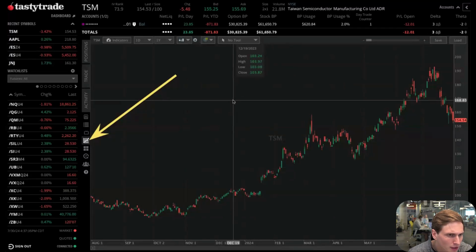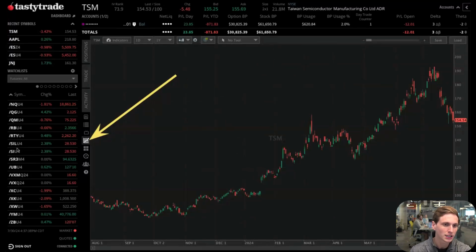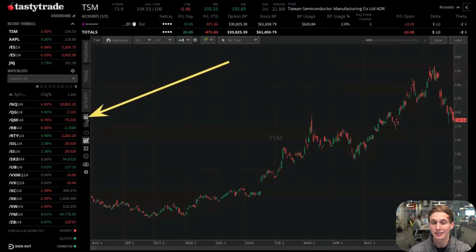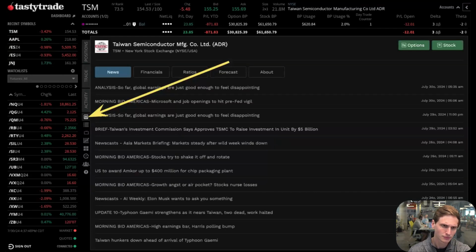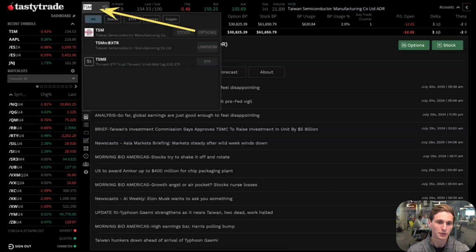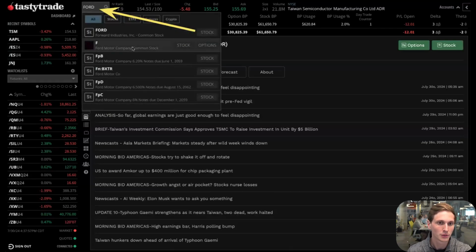And then is there an analyze tab for looking at stocks? Yep, or a company's profile. It's actually really nice. Our research tab, you go to the left side panel here and go to research and news. And then in here right now, our active symbol was TSM, but we could maybe search for, say, Ford. We could type in Ford.